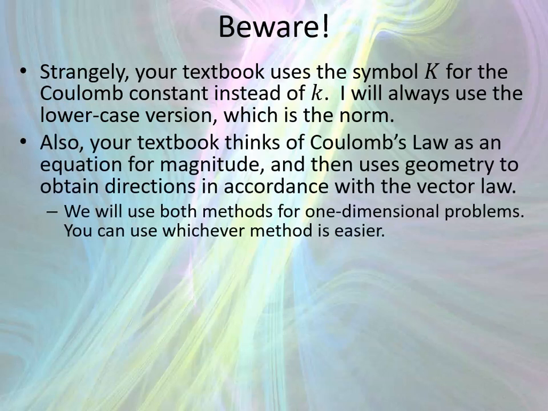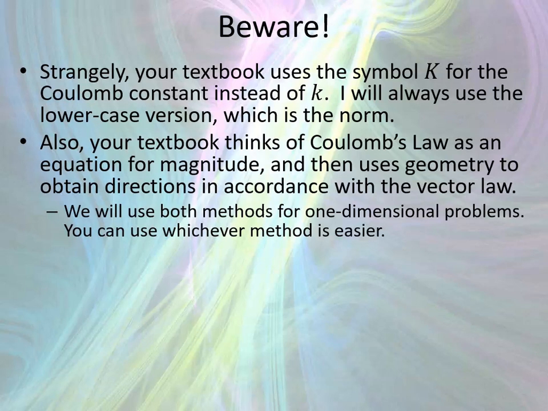Now, you'll also sometimes see situations where textbooks only think of Coulomb's law as an equation for magnitude, and then they use geometry and like versus opposite charges to figure out directions in accordance with vector laws. I think it's generally easier if you get used to using Coulomb's law in vector notation, especially when you're dealing with more than two charges.